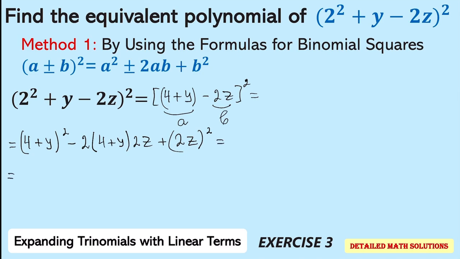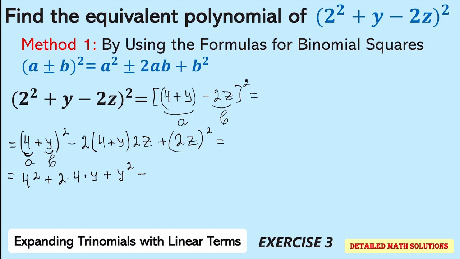This equals to, next, I need to apply the formula for binomial square (a + b) squared. 4 will correspond to the a in the formula, y will correspond to the b in the formula. So when I apply the formula, I get 4 squared plus 2 times 4 times y plus y squared.